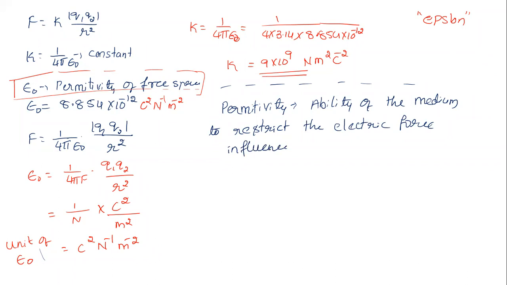Or you can say in a simple word, electrical influence. What type of influence? Electrical influence. That is what we call permittivity.